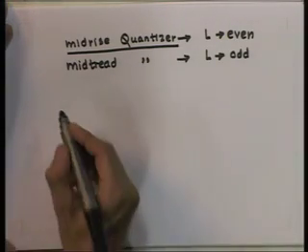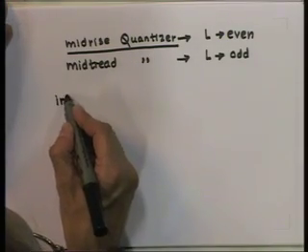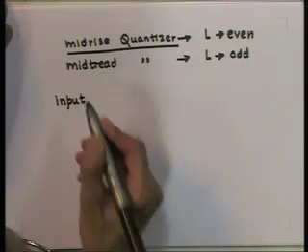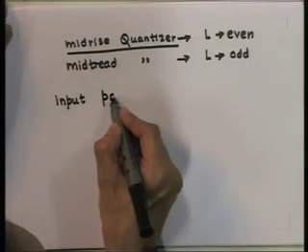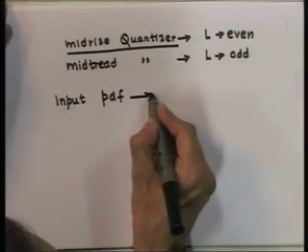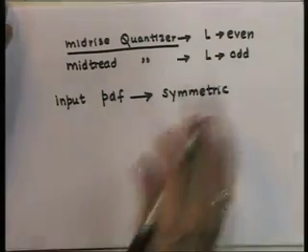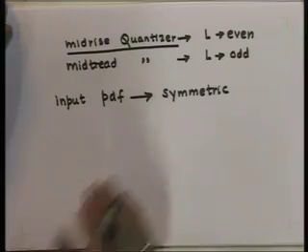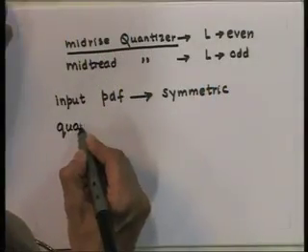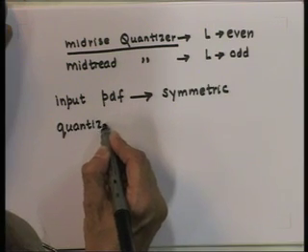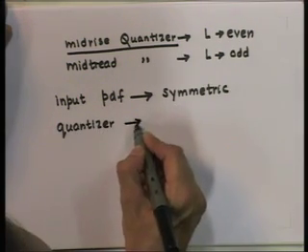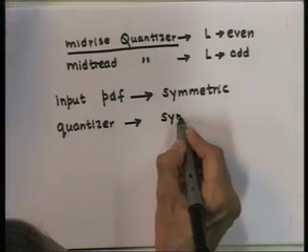We will also assume that the input PDF is symmetric around the origin, and that the quantizer is also symmetric.